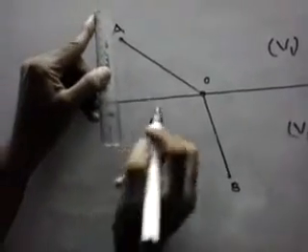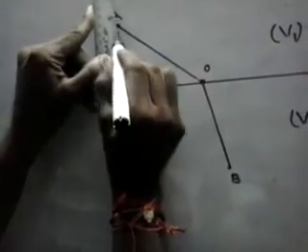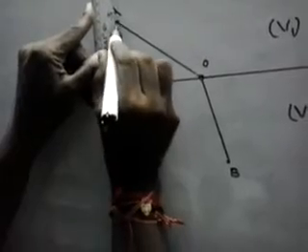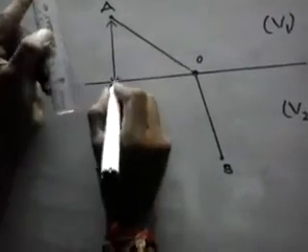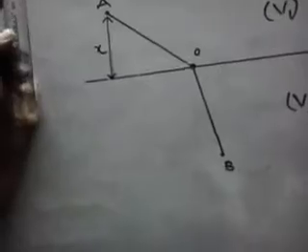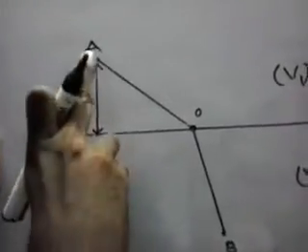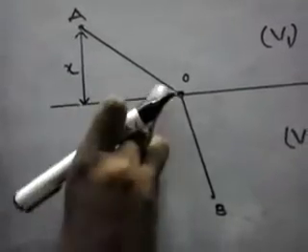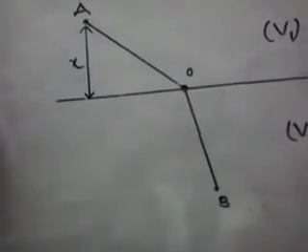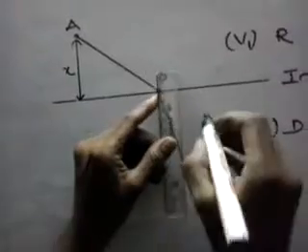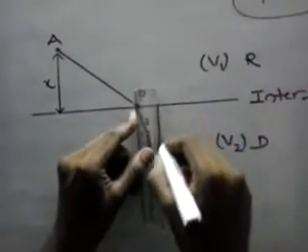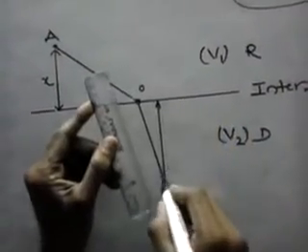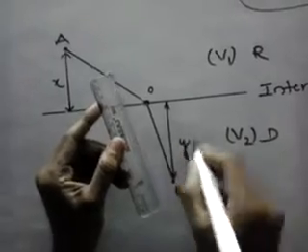Now the vertical distance between A and the interface is assumed as x. So x is the vertical distance between A and the point of interface where the refraction occurs. And this distance is y.